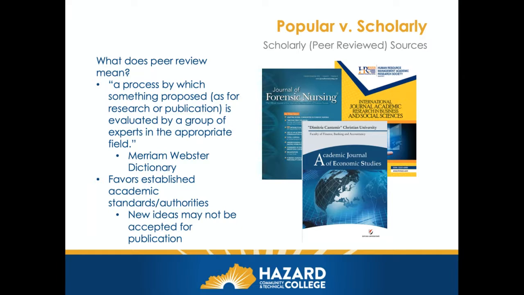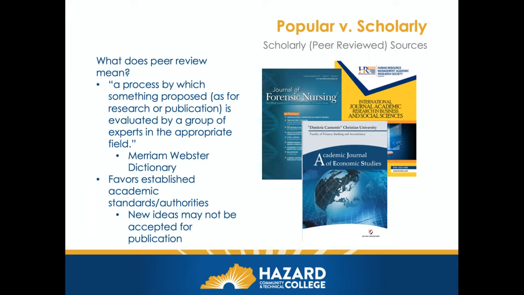These tend to cost a lot of money. There are some open access ones now that are free or cheaper, but in the case of libraries, academic libraries like us, we pay a good deal of money to access these academic and scholarly sources.